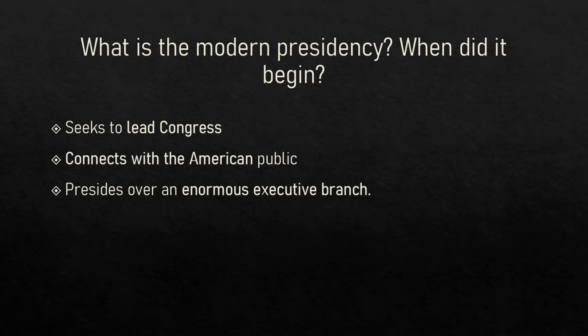What is the modern presidency? Short and sweet: it seeks to lead Congress, connects with the American public, and presides over an enormous executive branch. Also, it began, I believe in the text, with Franklin Roosevelt.